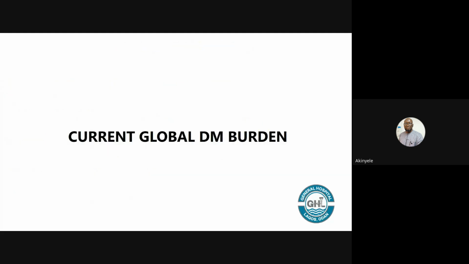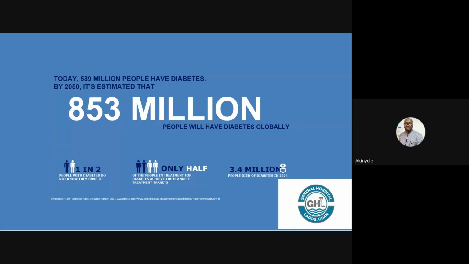So what about the global burden? We all know the prevalence is increasing all over the world. We have about 600 million people now with diabetes all over the world. And we also are aware that about 300 million people even have diabetes now and they are not yet diagnosed. And a large number of people have pre-diabetes and they go about until they develop complications and they present to the hospital.